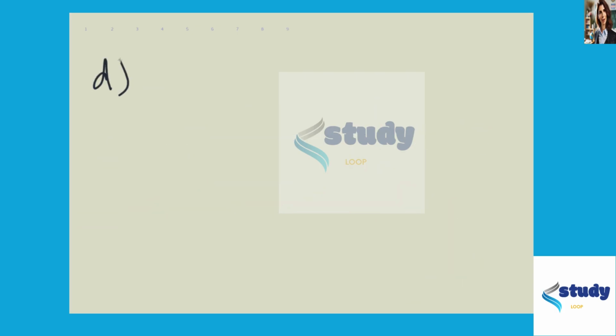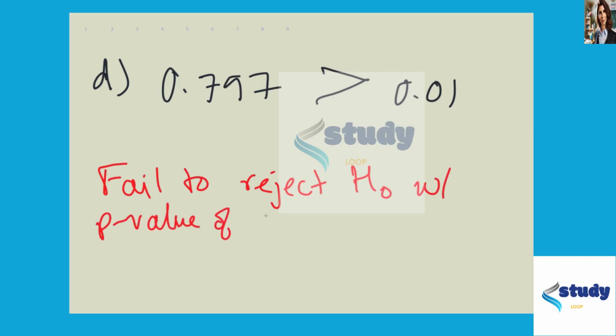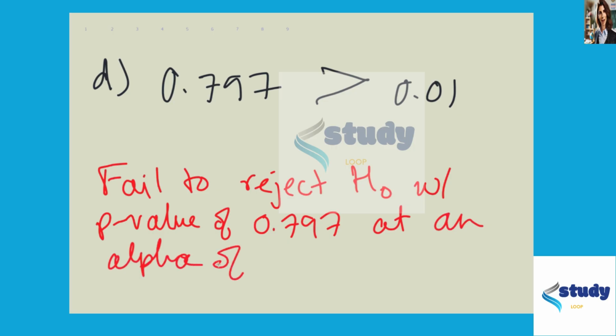And if we compare our p-value of 0.797 to our alpha of 0.01, we get that 0.797 is much greater than 0.01. So we fail to reject the null with a p-value of 0.797 at an alpha of 0.01. Hope that helped.